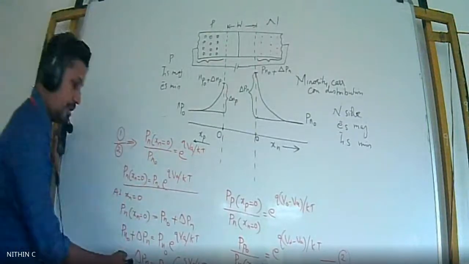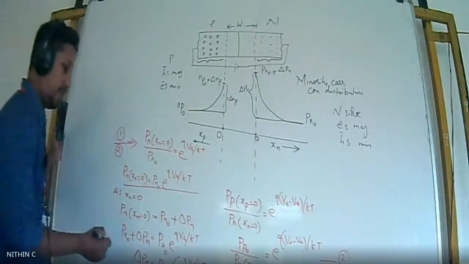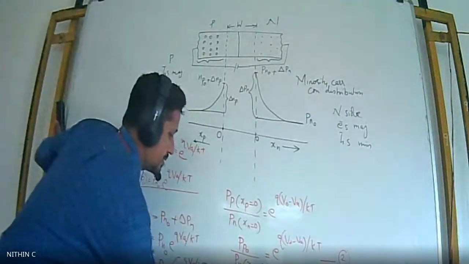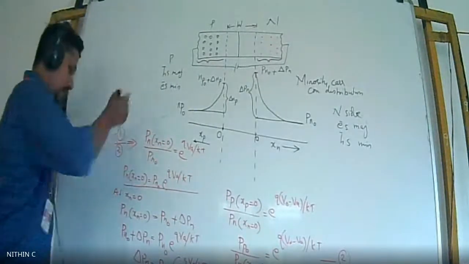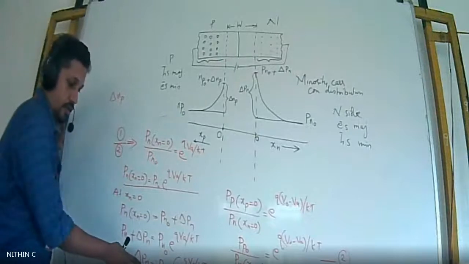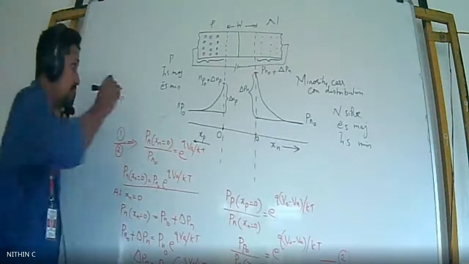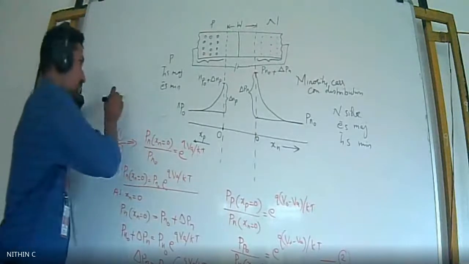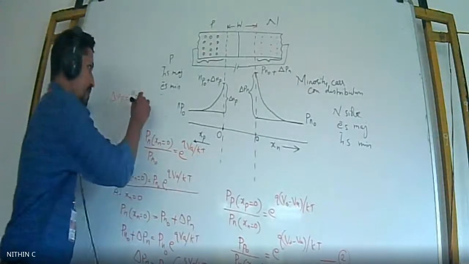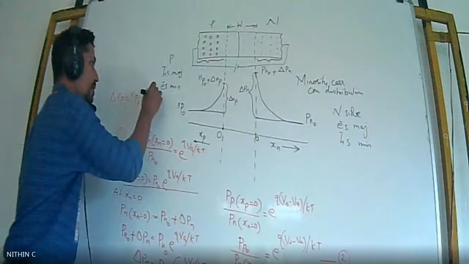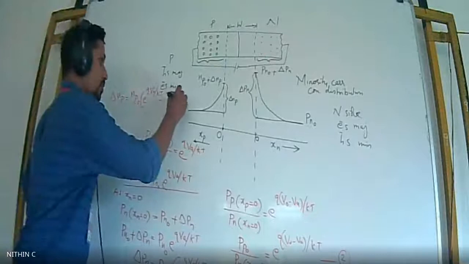This will be the value of delta Pn. Is that clear? You give it as expression number 3. In a similar manner, you can write delta Np. This is the concentration of holes, the expression for holes as minority carriers on the n side. Similarly, the expression for electrons on the p side, that is delta Np, will be given as, instead of Pn0, it will be Np0 into e raised to qVa by kT minus 1. Give it as expression number 4.